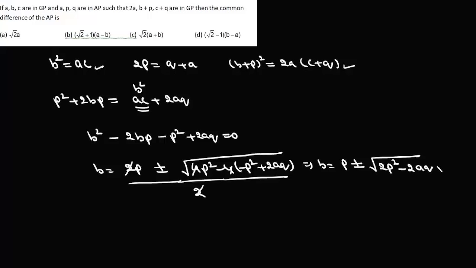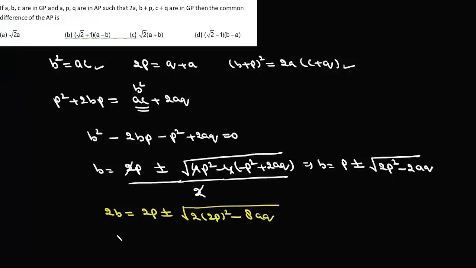Now we know that 2P is Q plus A, so we'll multiply both sides by 2. We can write 2B equals 2P plus minus under root of 2 into 2P square minus 8AQ.